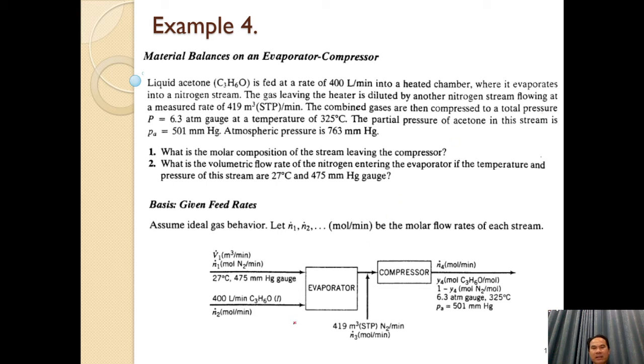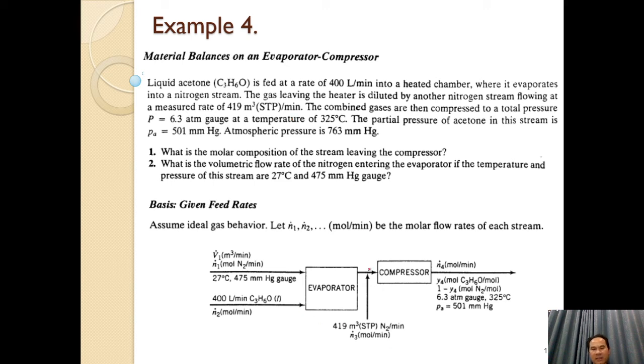For this case, we mix the acetone vapor with nitrogen. After evaporation, the product gas is diluted with nitrogen, forming a mixture at a rate of 419 cubic meters per minute.